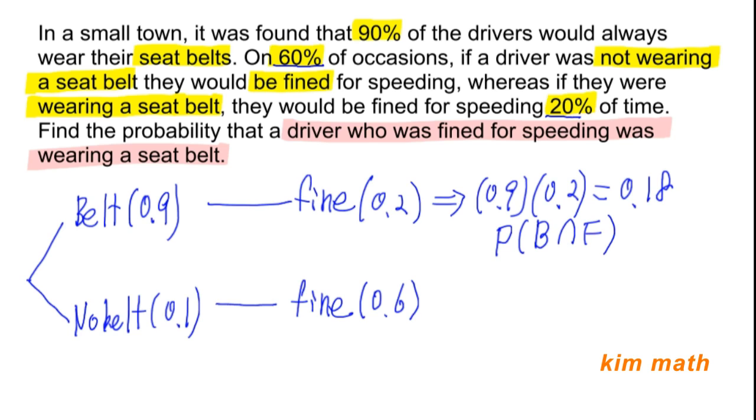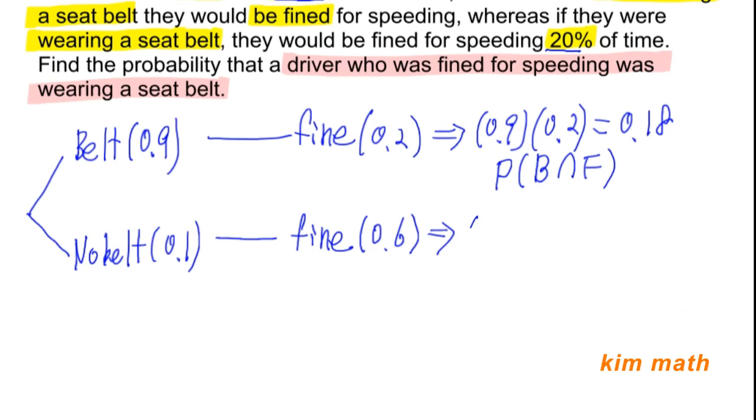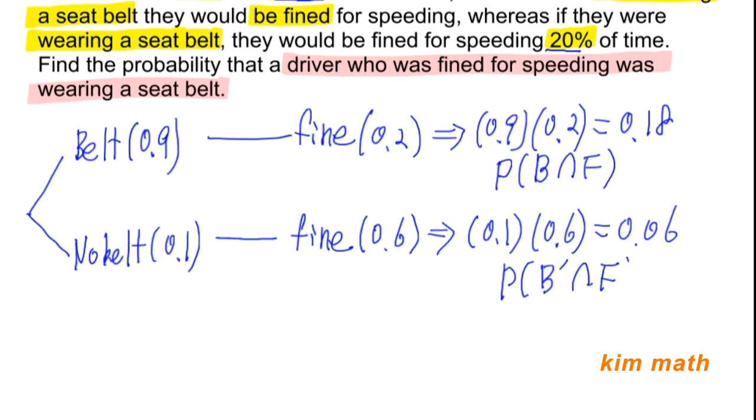Good. Okay, how about the other situation? Here 0.1 times 0.6, or 0.06, is the probability of no belt and fine. Is that okay?